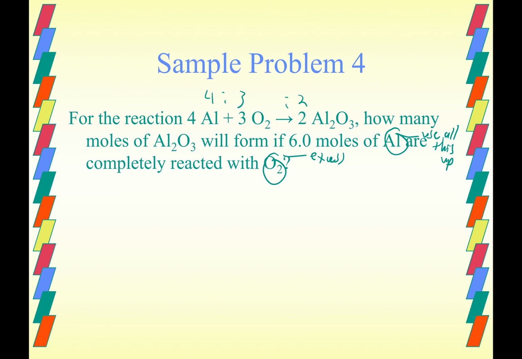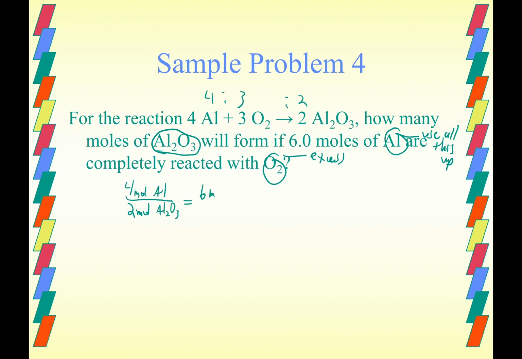So we're comparing aluminum with aluminum oxide. Those are the two that are going to be changing here. So from our original equation, we have 4 moles aluminum that would produce 2 moles Al2O3. We set that equal to the change.